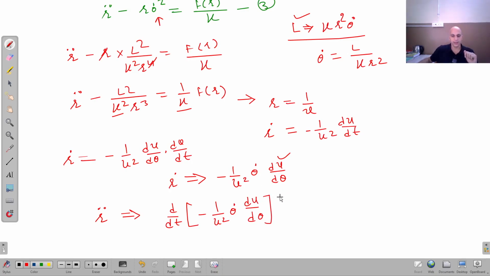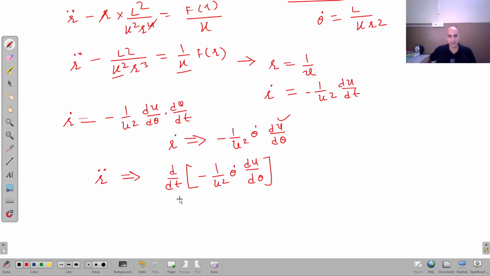Now I can further simplify it in the same way, and write it as d upon d theta into minus 1 upon u square theta dash du upon d theta into d theta upon dt, right?